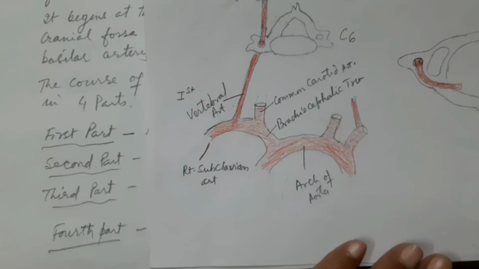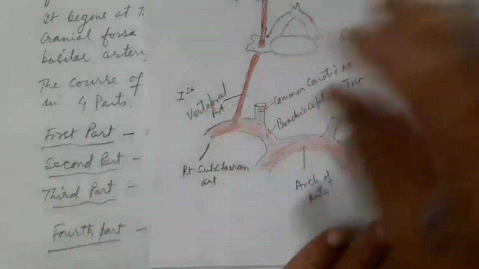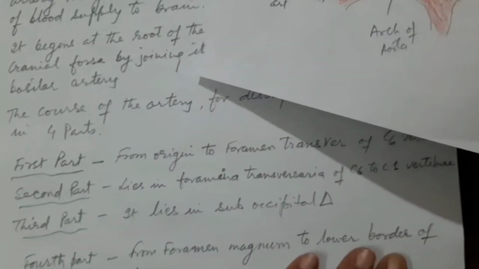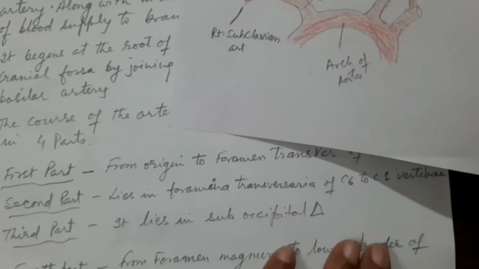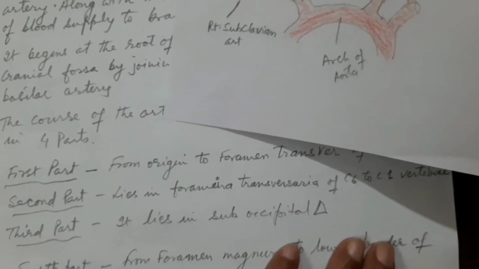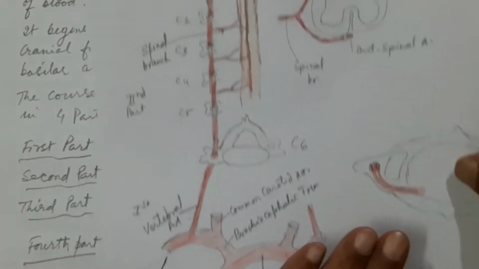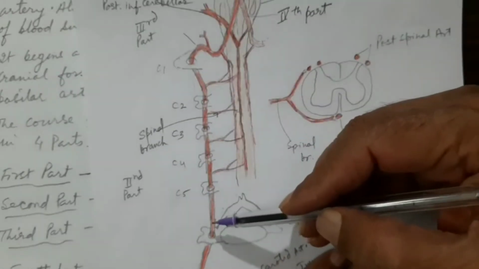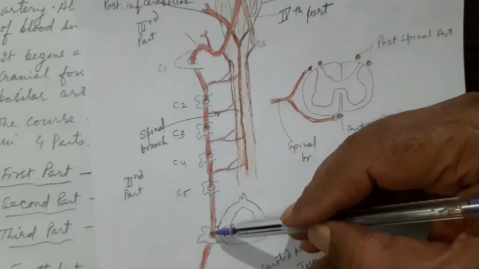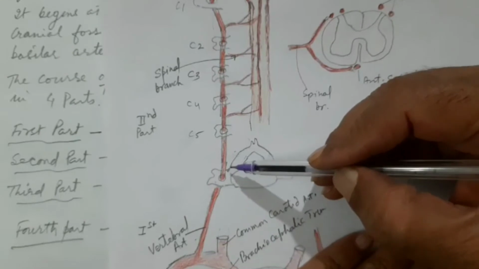Let us come to the second part of the vertebral artery. The second part lies within the foramina transversaria from C6 to C1 vertebra. See in this diagram, this is the foramen transversarium of C6.